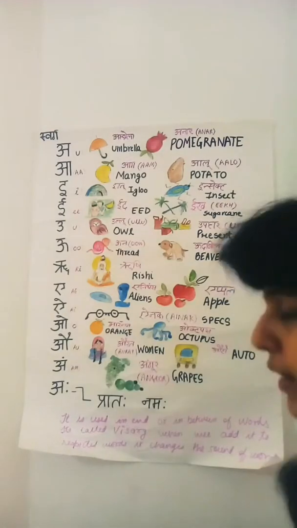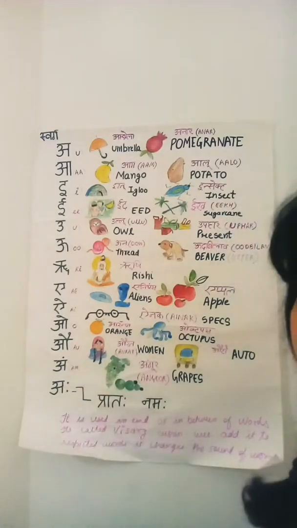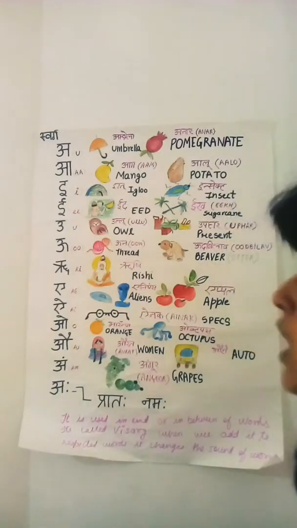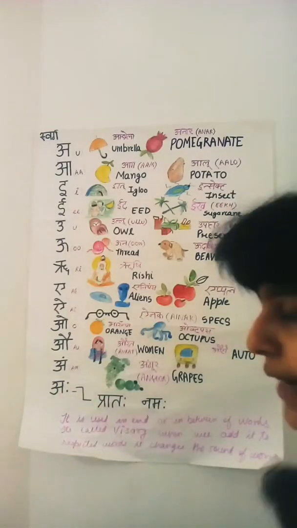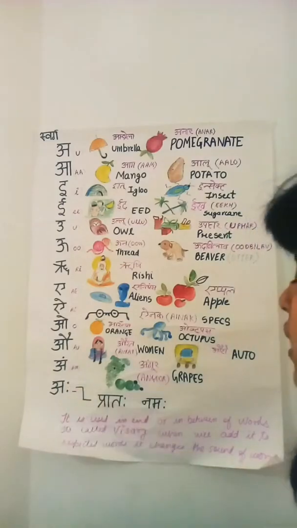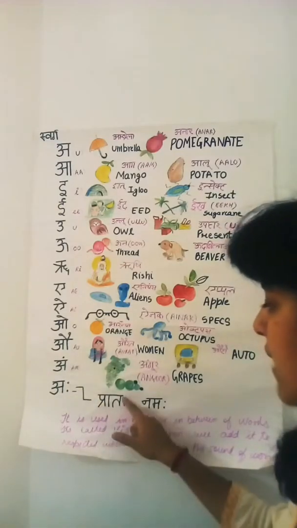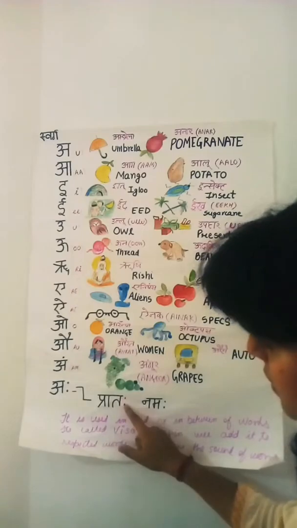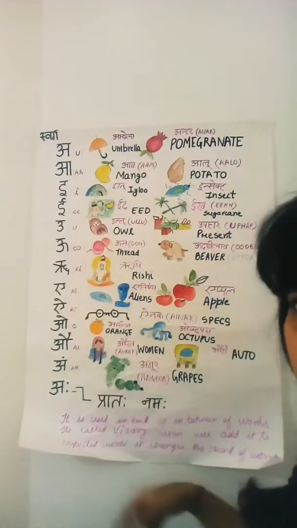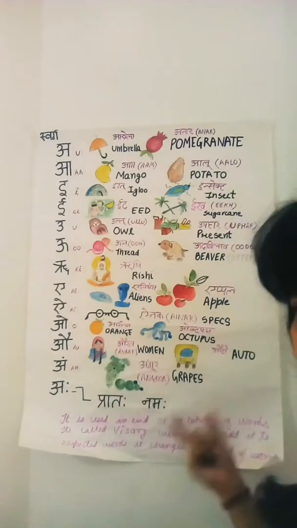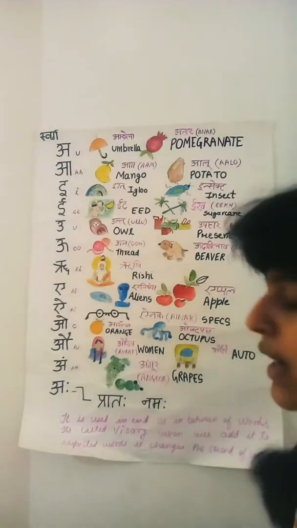Now the next letter is aha. Aha itself is not a letter. It's demarked as two dots like this in front of any of the letters which you will learn in Hindi in your next classes.